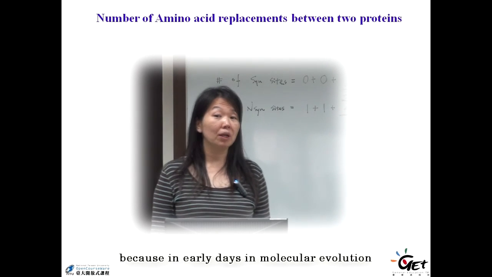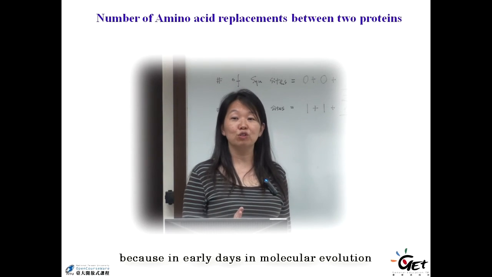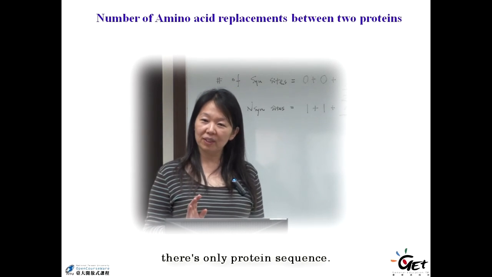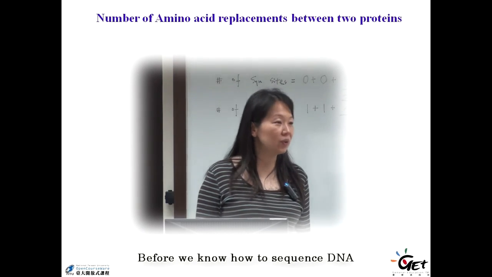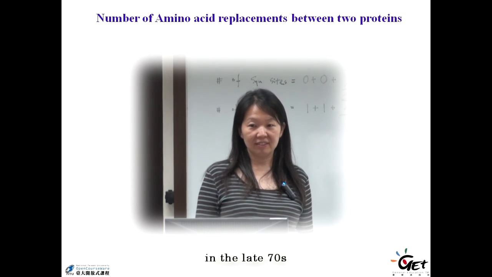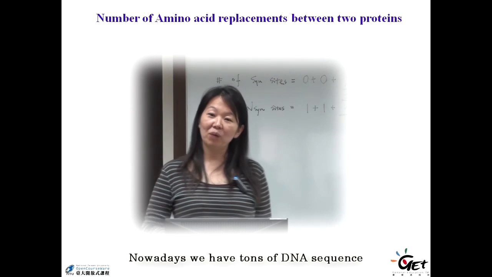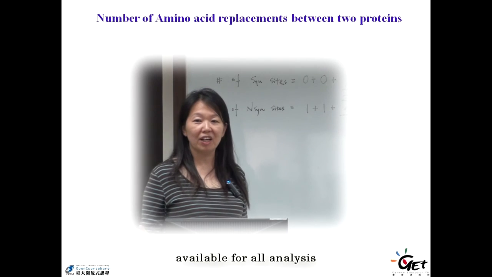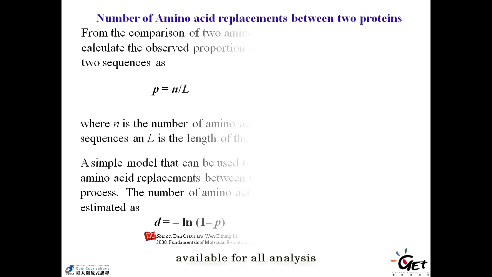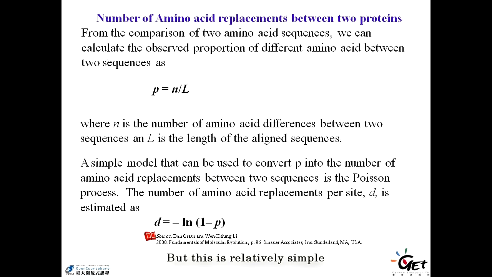It's very simple, because in the early days of molecular evolution, there was only protein sequence, before we knew how to sequence DNA in the late 70s. Nowadays, we have tons of DNA sequence available for all the analysis. But this is relatively simple, just by counting the differences.